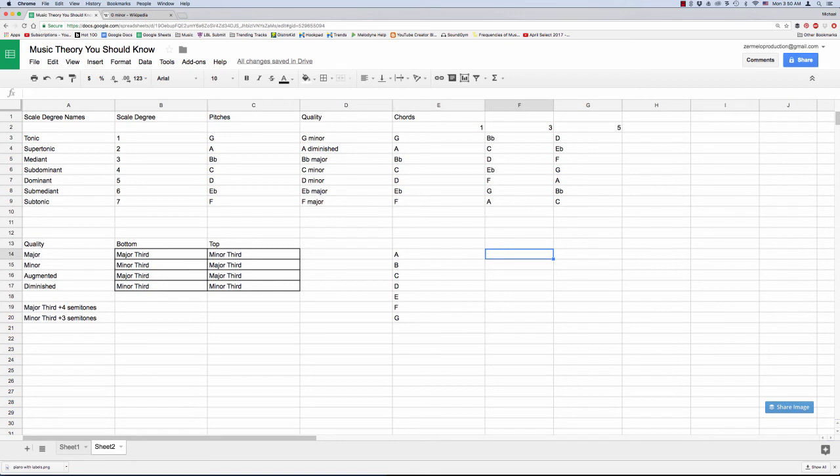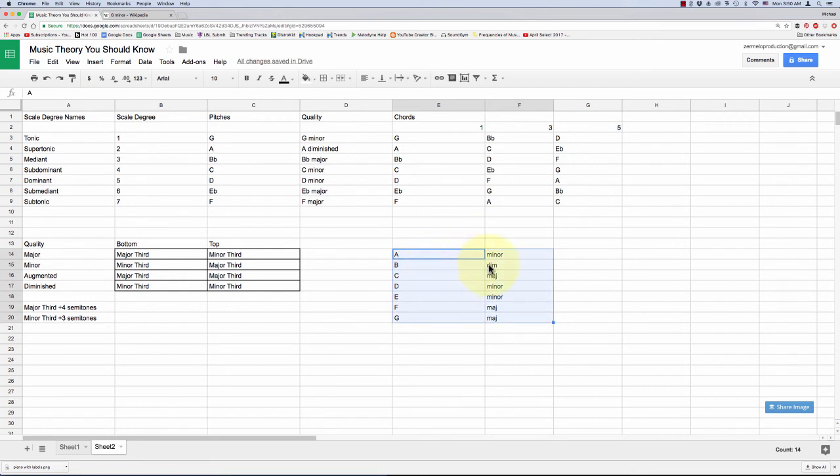Then we already know the ordering of the chord quality, which is right there. So it's going to be minor, it's going to be diminished. I'm just going to write dim. It's going to be major, and then minor, major, and then major.